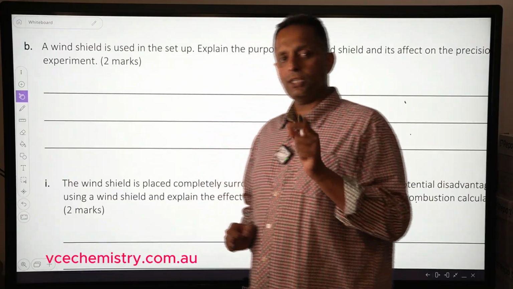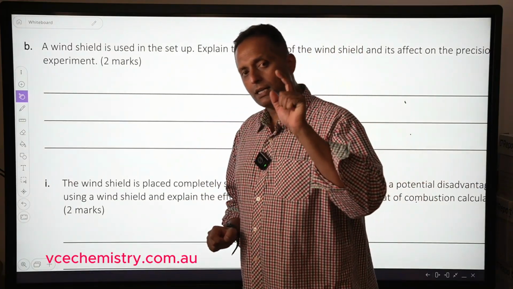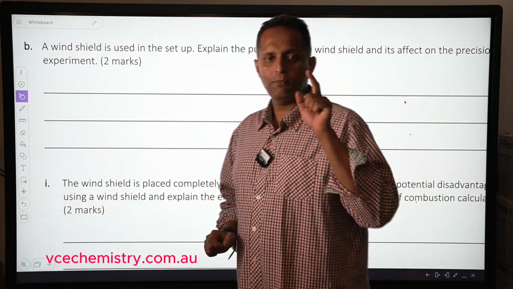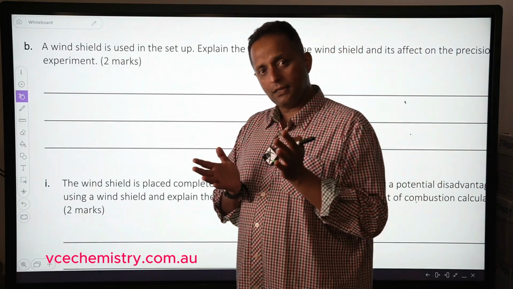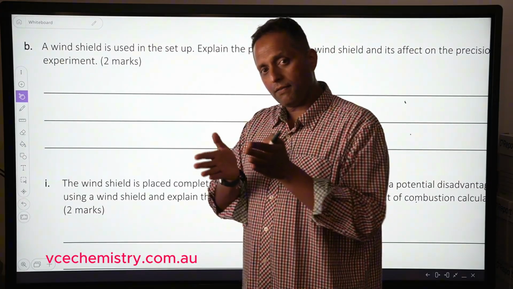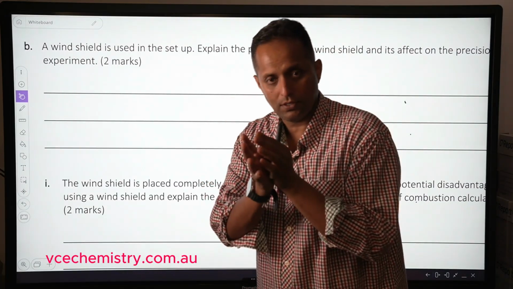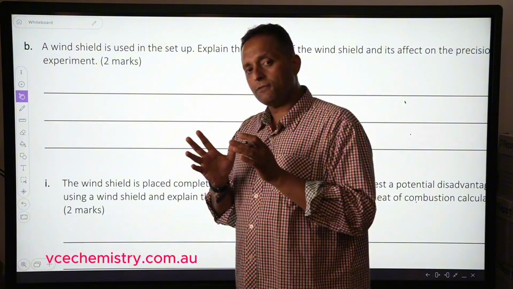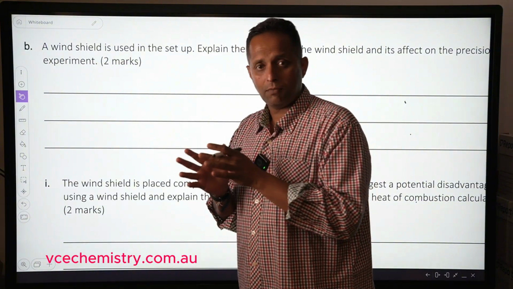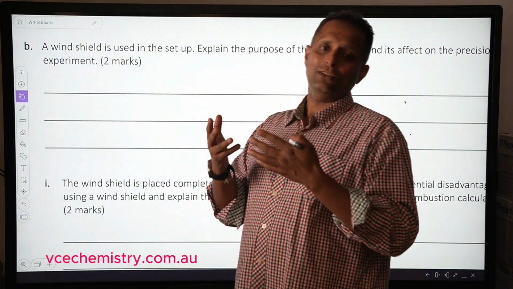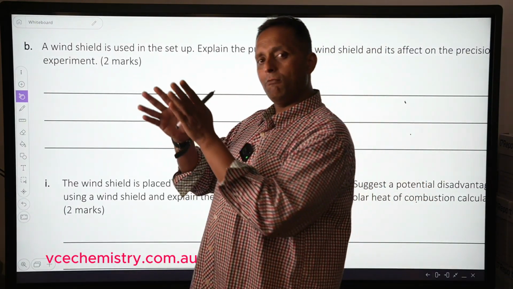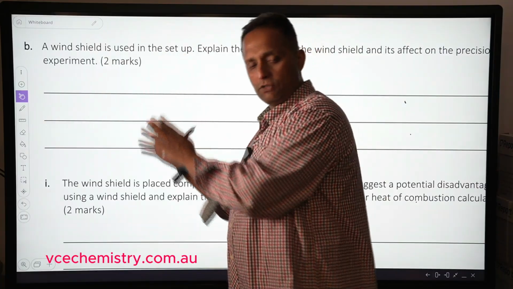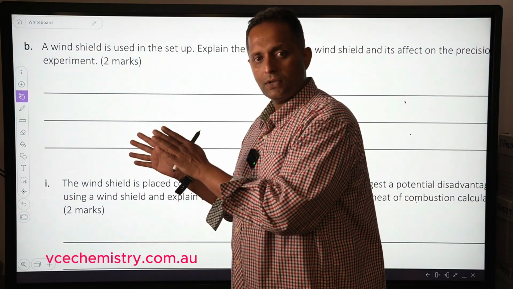Now, the windshield has one clear job: to prevent heat loss. By preventing air currents, it ensures that most of the energy from the flame goes into the water rather than into the surroundings.